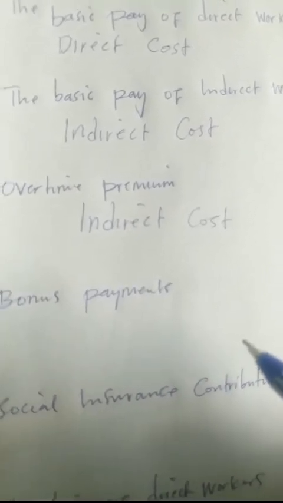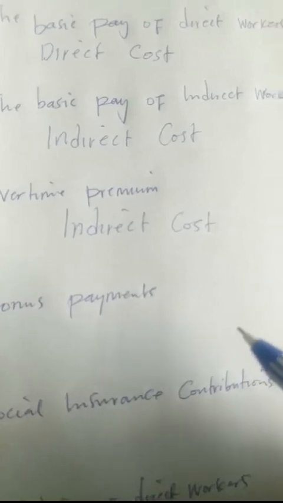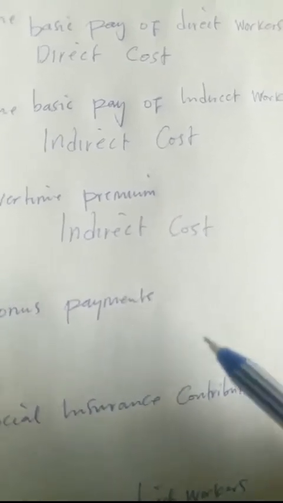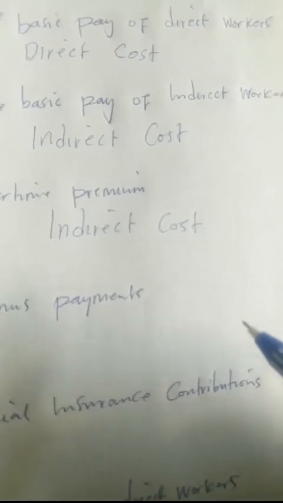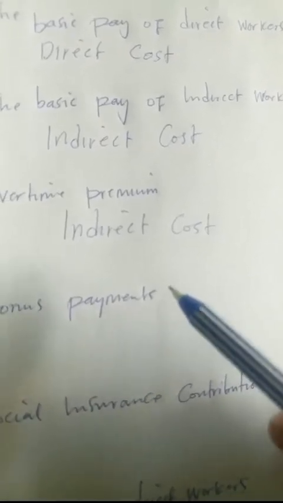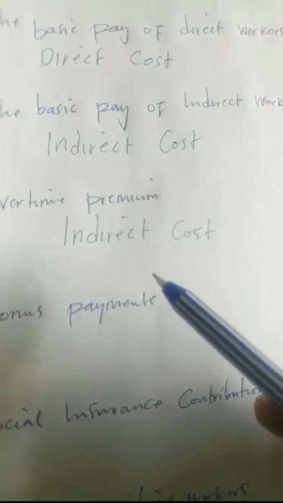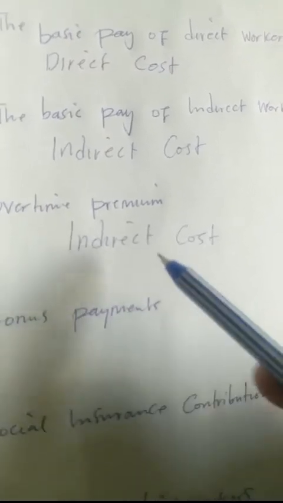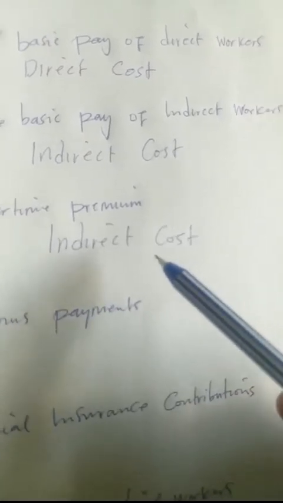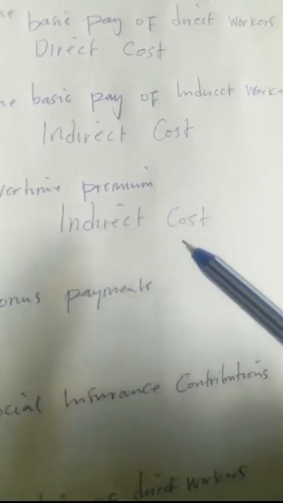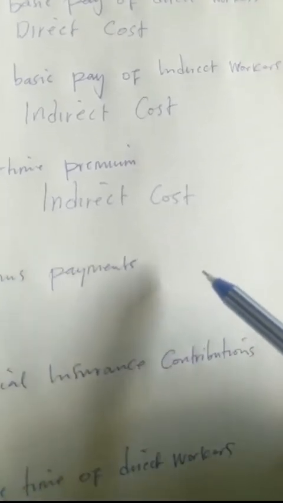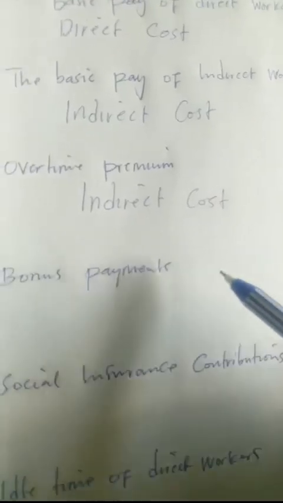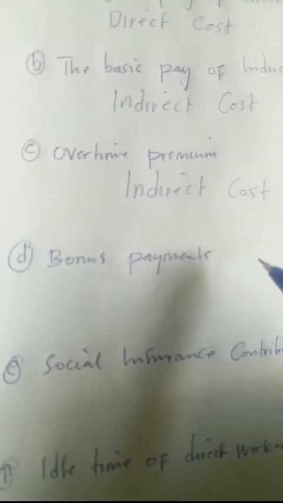That's when overtime premium is treated as a direct cost. But if it's overtime from the company, from the business, it will be treated as an indirect cost. I have more examples which will make sense even with figures where we will be working out something, so you understand this as time goes.